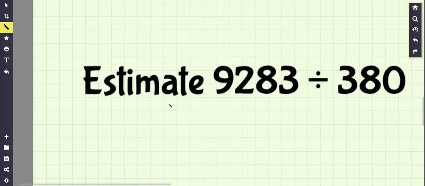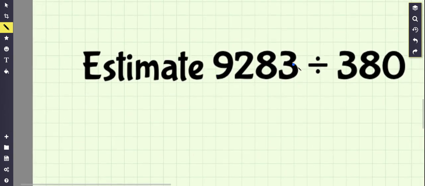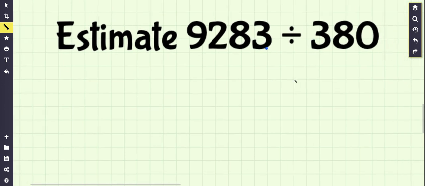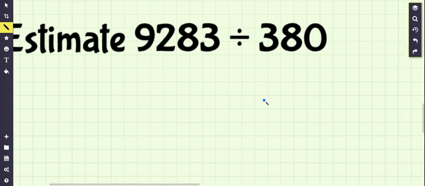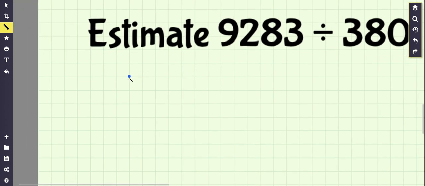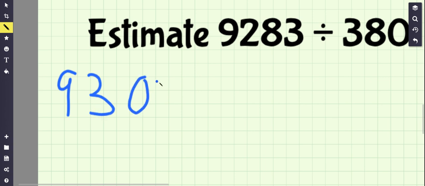So, estimate 9,283 divided by 380. We're gonna round this to the nearest 100. Then this is rounded to 380.